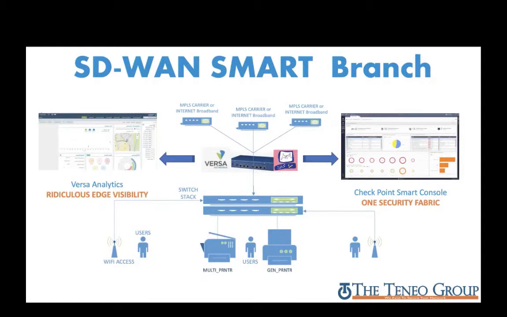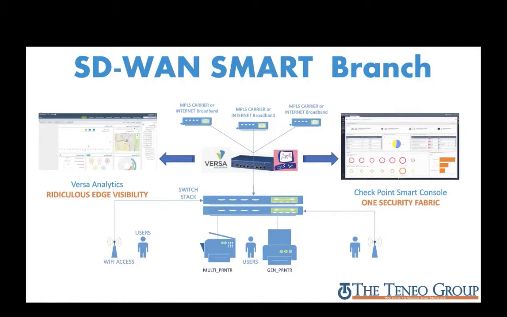So on this piece, there's an age-old problem between networking and security. There's always finger pointing between the two people. It's not the network, it's the security. It's not the security, it's the network. With this visibility on the Versa side, does that mean you can actually see down into the WAN connections and maybe even see what's happening on the actual circuits, no matter who is controlling the circuit?